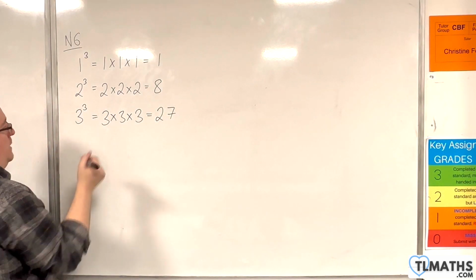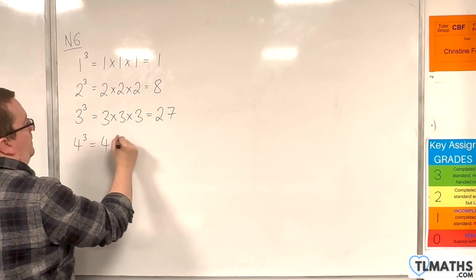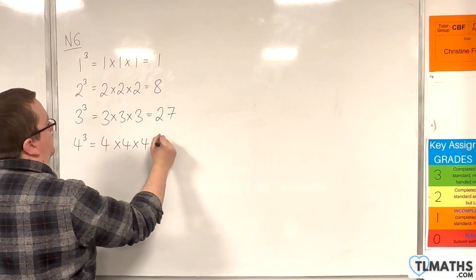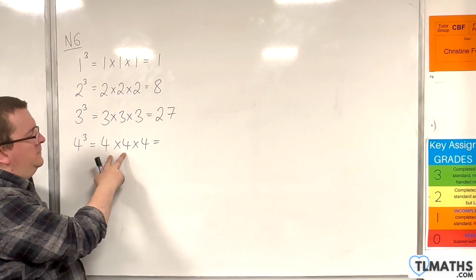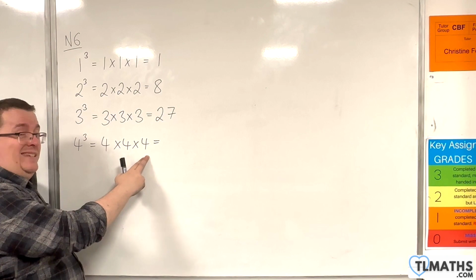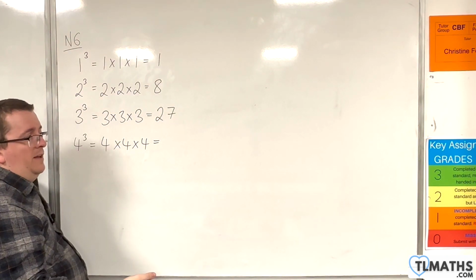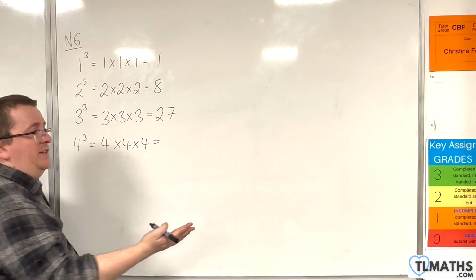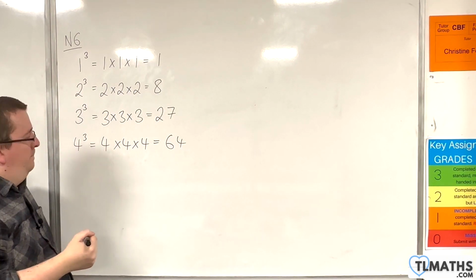Okay? Then we've got 4 cubed, so 4 times 4 times 4. So 4 4s are 16. Now, 16 times 4. Well, if you do 4 lots of 16, that's 16, 32, double it again, we get to 64. So 4 cubed is 64.